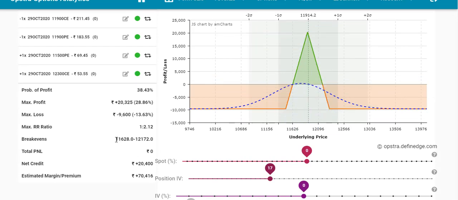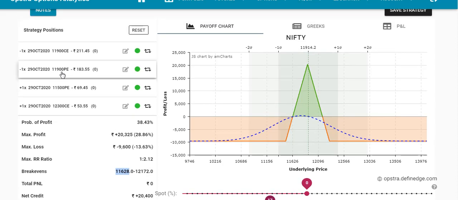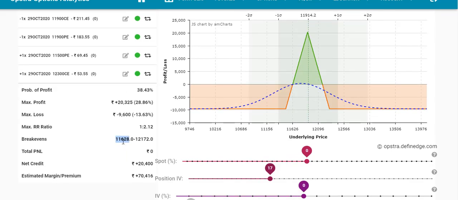So here you can see the break even 11,628. How many points far from 11,900? We can consider it as 300 points to make it simple. Okay, so just deduct 300 points from this one, 11,600, which makes it 11,300.